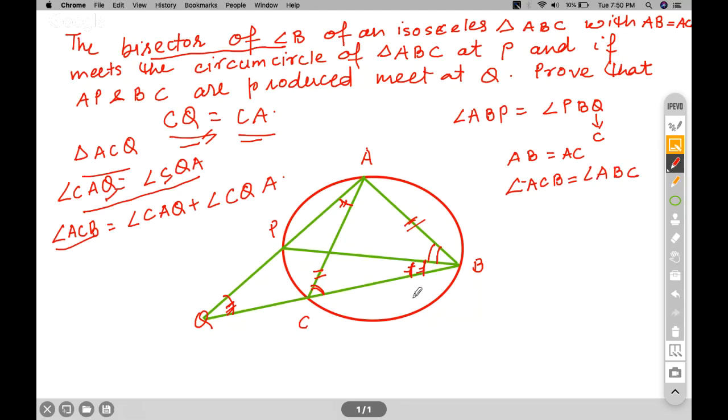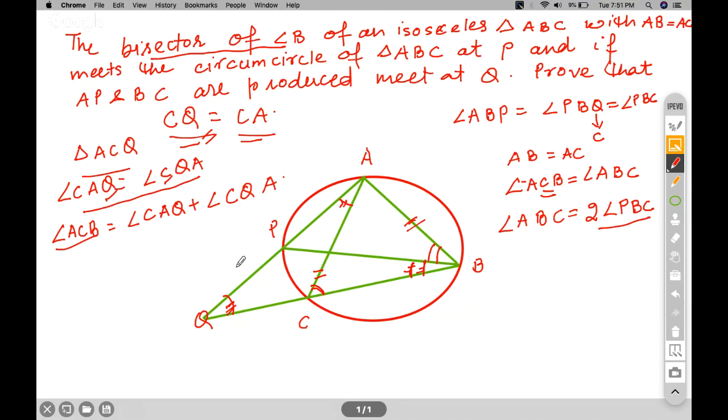And I also know that because line BP is the bisector of angle B, angle ABC can be written as 2 times angle PBC. PBC, PBQ, whatever you want to write. Angle PBC, I'm writing here only. So angle ACB would be equal to 2 times angle PBC.